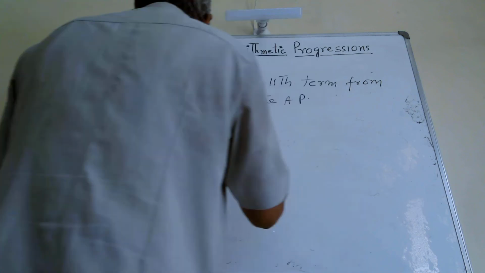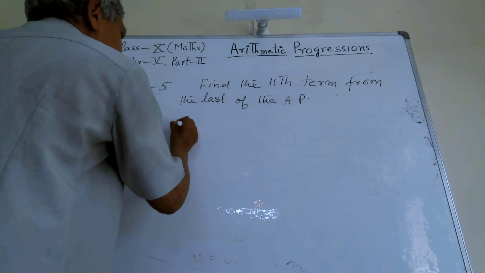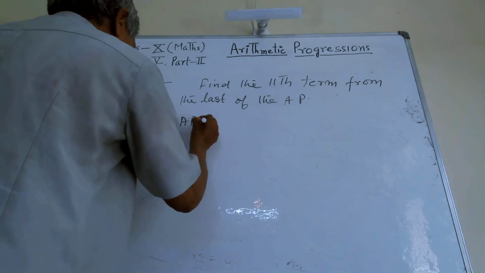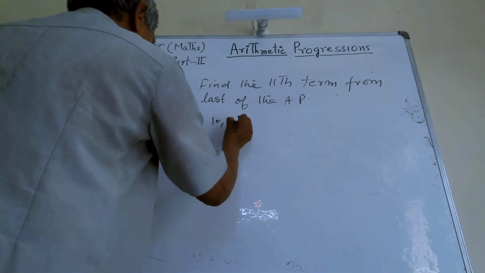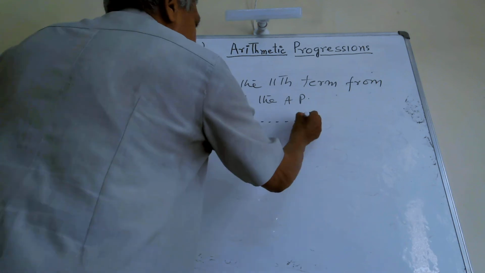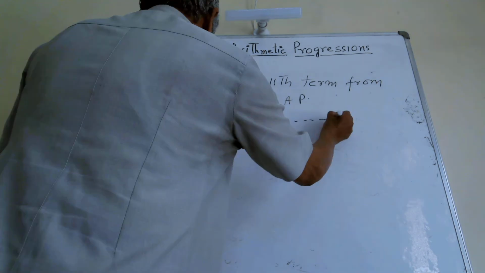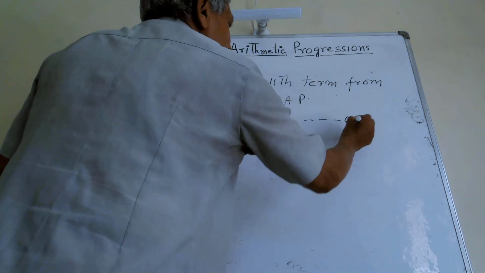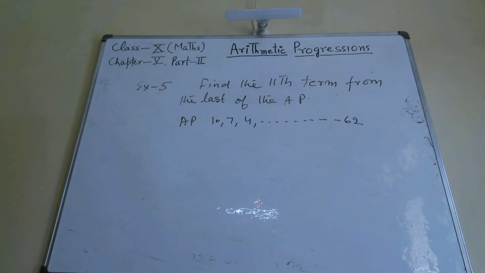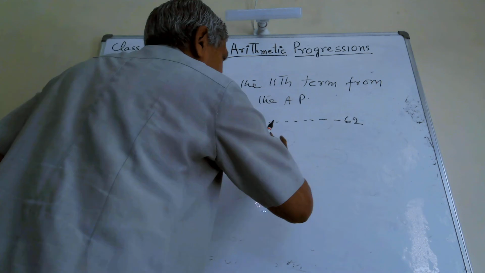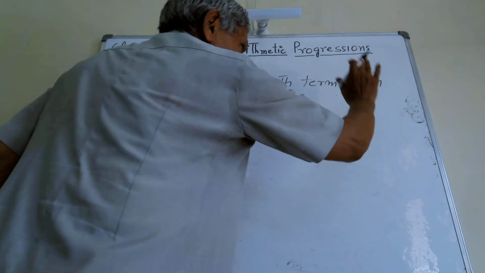What is the AP? Write down here: 10, 7, 4, and so on up to minus 62. This is the AP in order.